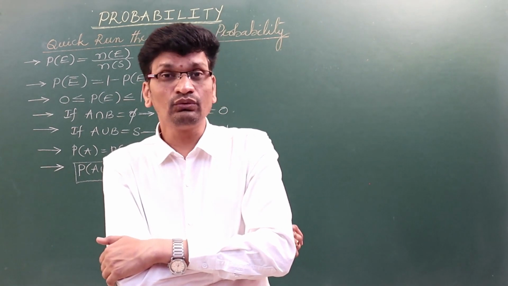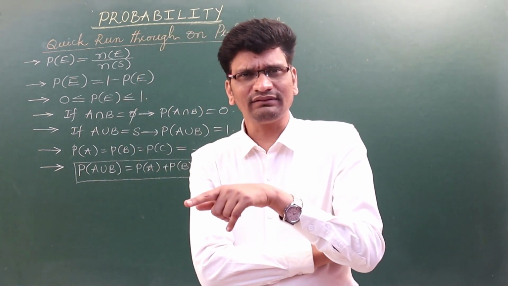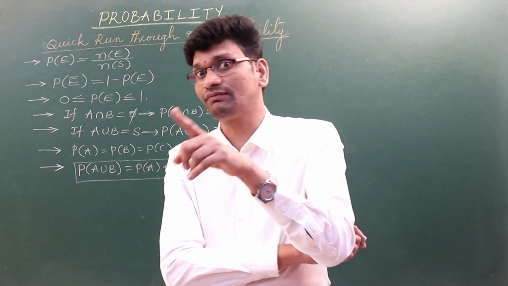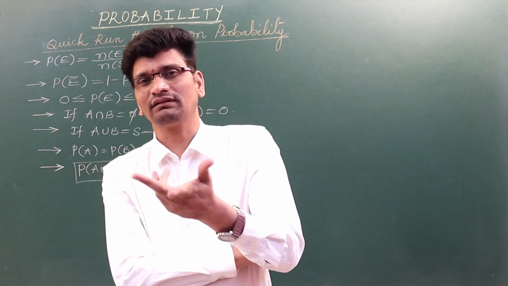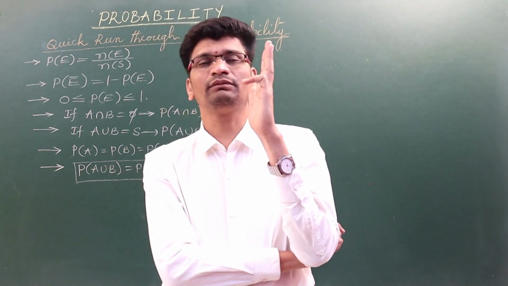Intersection means and. Divisible by 2 and 3 means the number is divisible by the LCM of 2 and 3. The LCM of 2, 3, both being prime numbers, is 6. So P of A is divisible by 2.